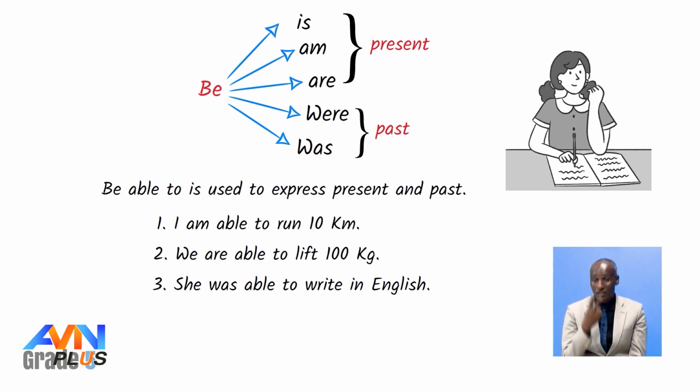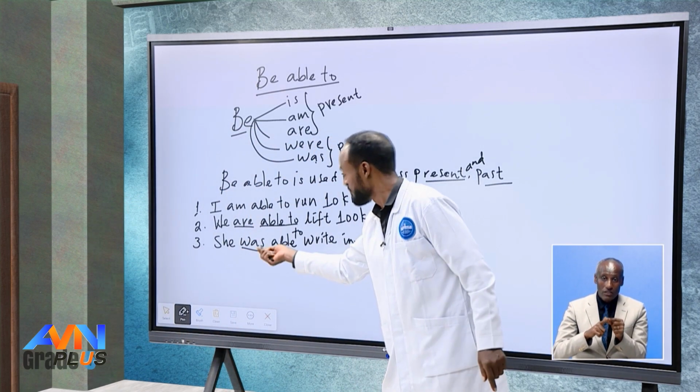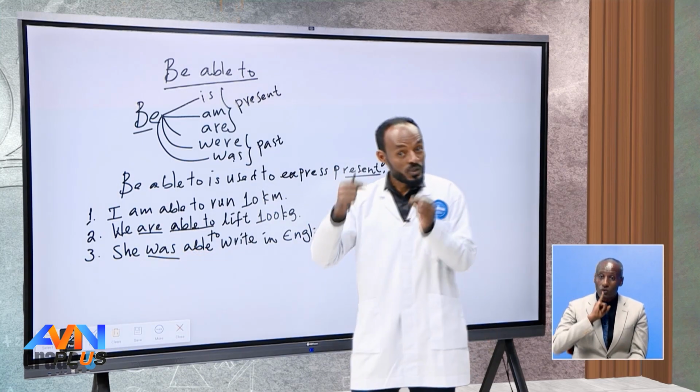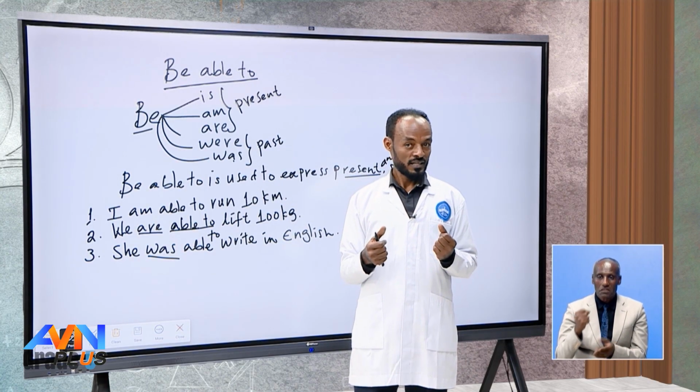Look, in this sentence, the verb to be, was, is used to talk about something that happened in the past. Is it clear?